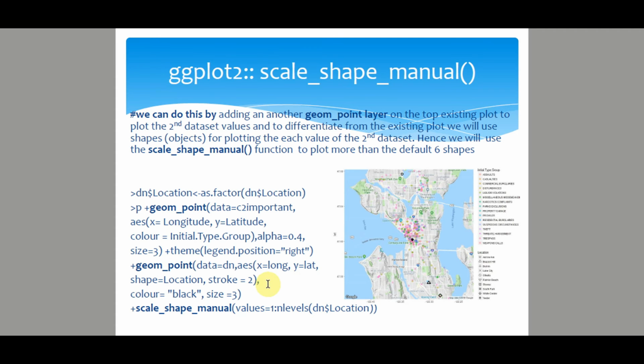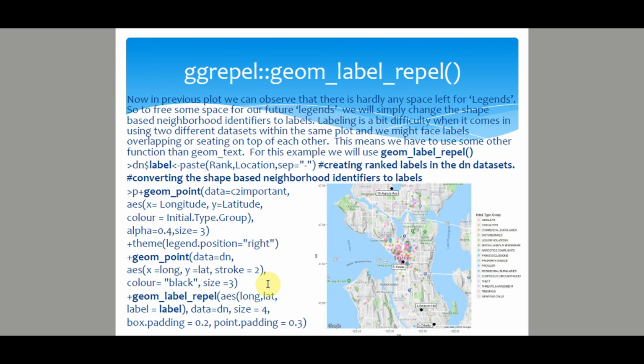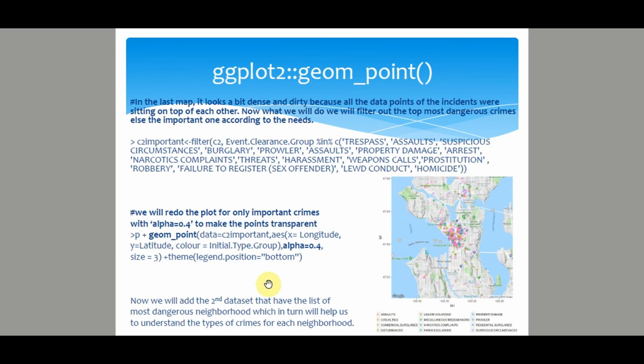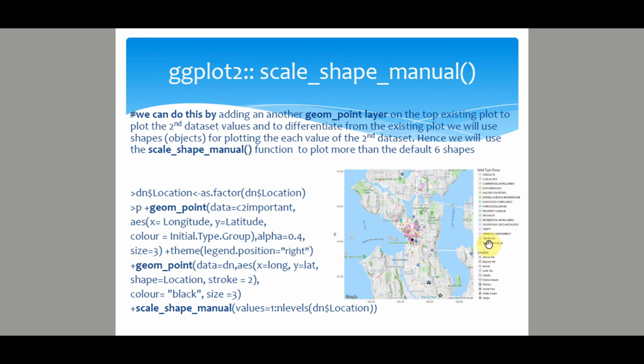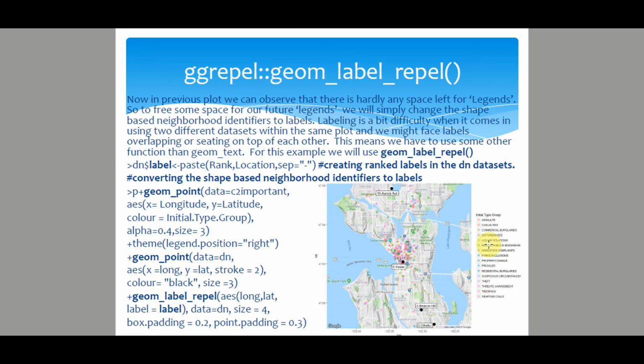Now, in the previous plot, we can observe that there is hardly any space left for any other legends. So, to free some space for our future legends, we will simply change the shape-based neighborhood identifiers to labels. Labeling is a bit difficult when using two different datasets within the same plot, and we might face labels overlapping or sitting on top of each other.